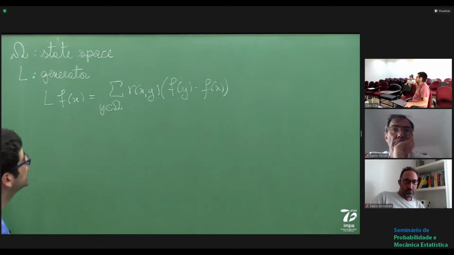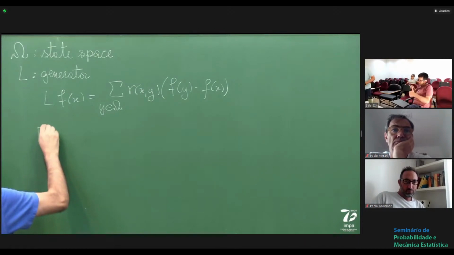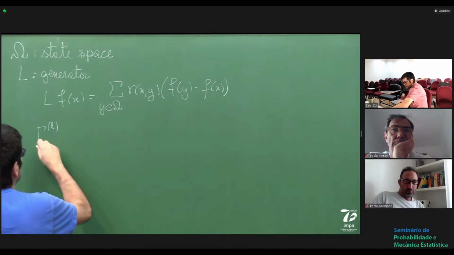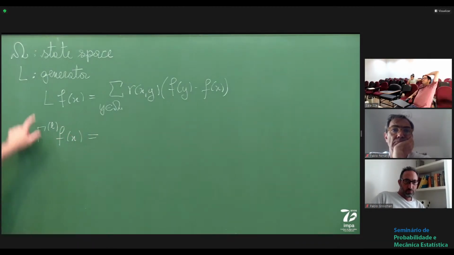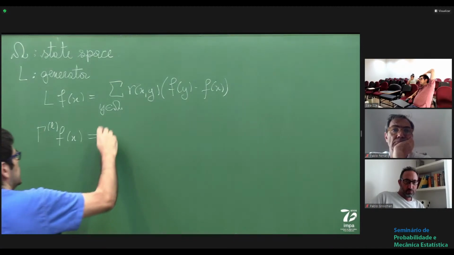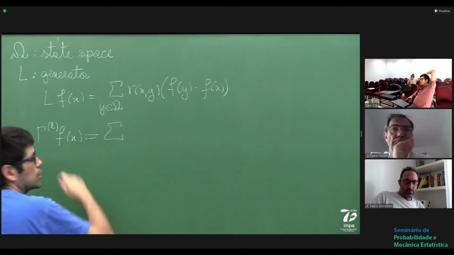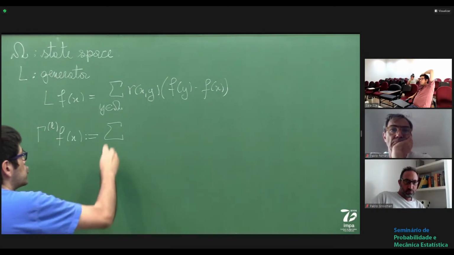Okay, so this is how the generator acts on a function f, and I'm going to define a family of operators gamma L, which are generalizations of this generator here. So this operator gamma L is going to be, so this is what I call the Lth order variation.